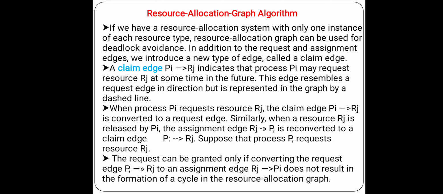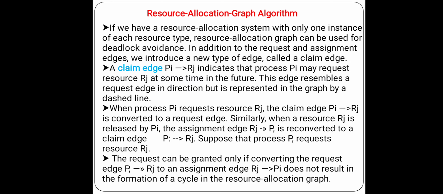The same edge in the reverse manner, R to P, means P is having the resource. That is the request edge and the claim edge, which is nothing but the having or assignment edge.